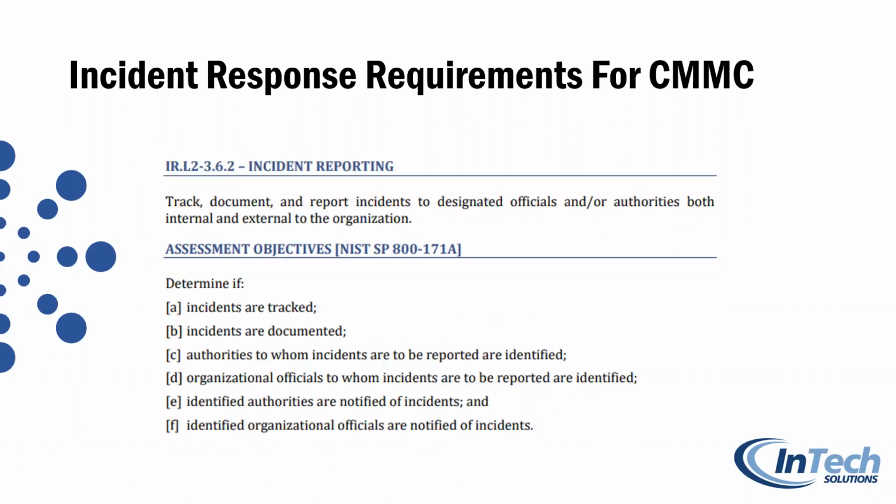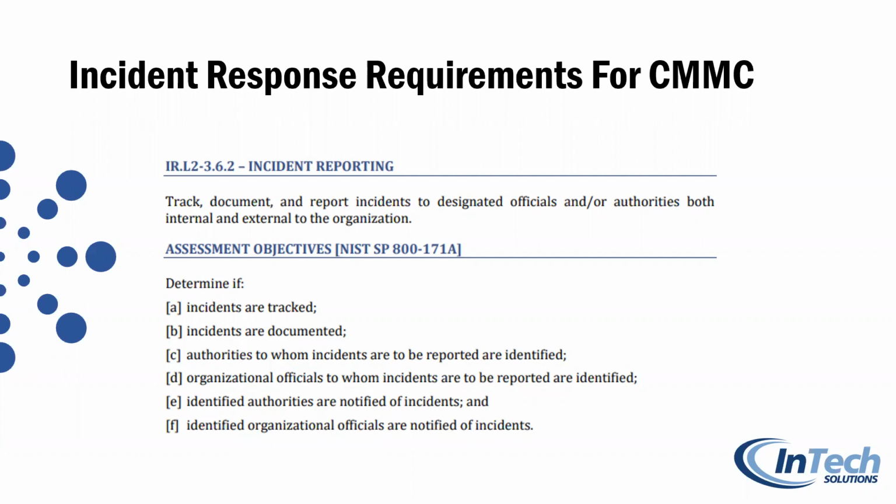The second is incident reporting. You have to track, document, and report incidents to designated officials and/or authorities, both internal and external to the organization. And the AOs on that are to ensure that they're tracked, they're documented, who they are reported to is identified, as well as organizational authorities and organizational officials, and assure that somehow you're showing that they are notified if you have an incident.